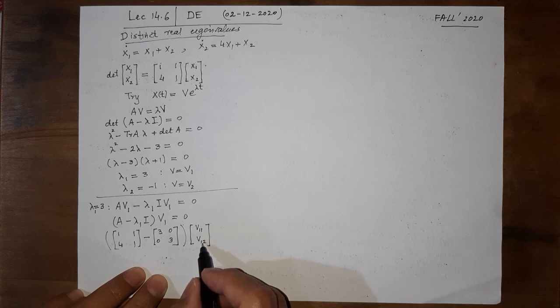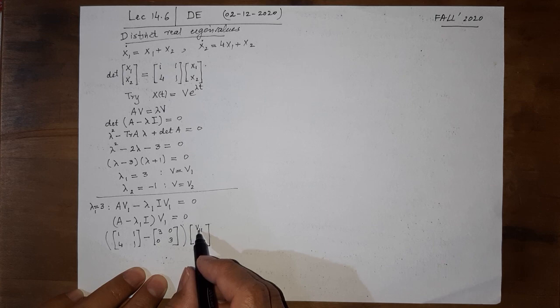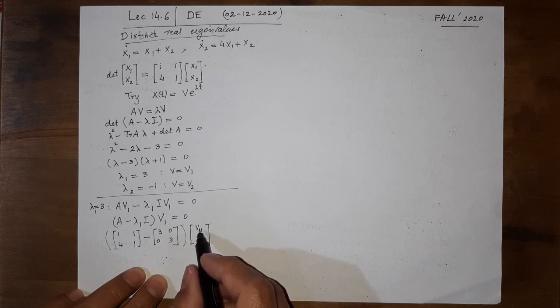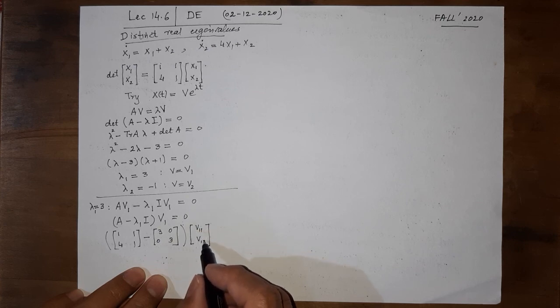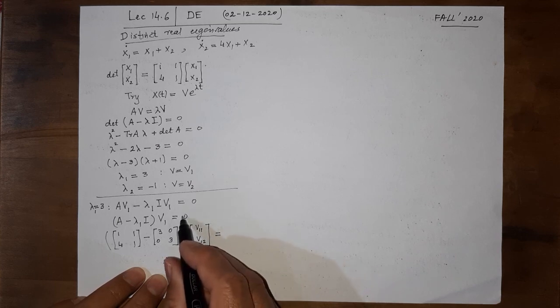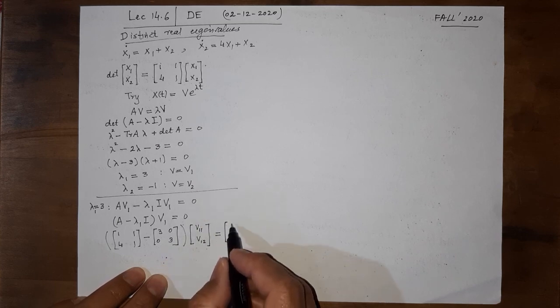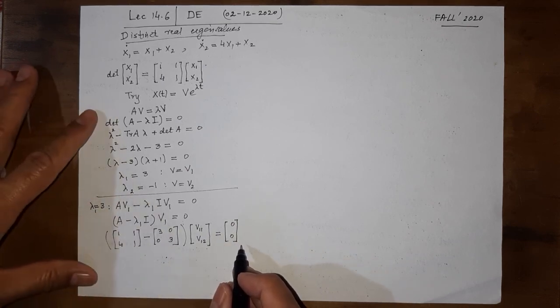This subscript does not match the way we write subscripts in a matrix, because the first one shows the row and the second one the column. I have used this to show that it is the vector v1, and this is the first element, this is the second element. So please pay attention. This 0 is a matrix here, just for you to know. This is a vector as well.